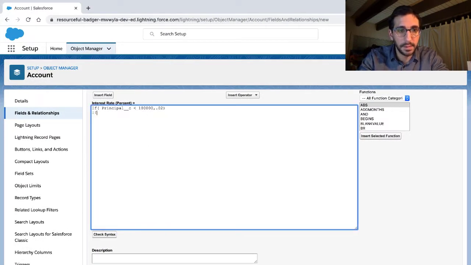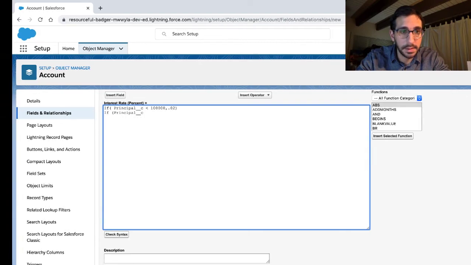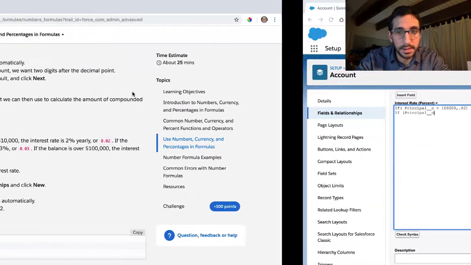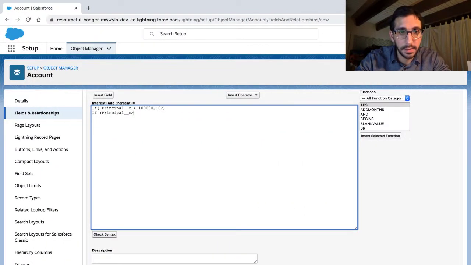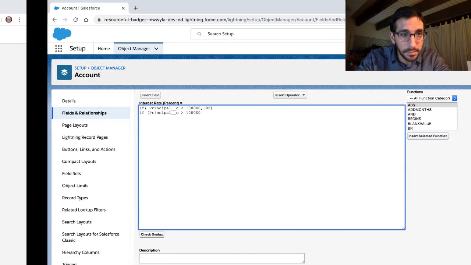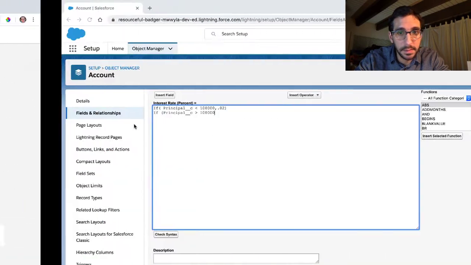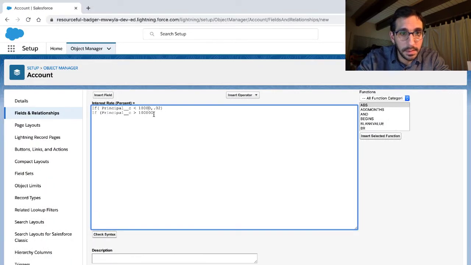If principal C is between, so greater than 10,000. Greater than 10,000.